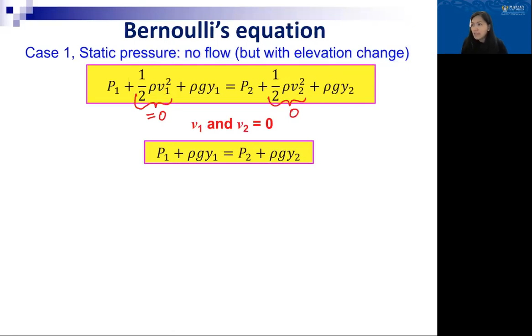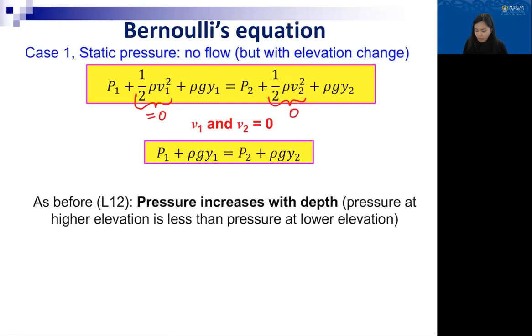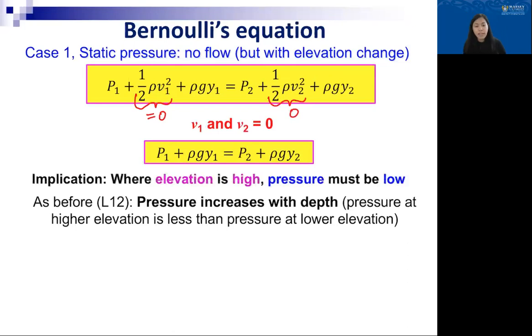This is the same as what we've seen in lecture 12, where the pressure increases with depth. The higher the elevation is, the lower the pressure. This form of the equation has an important implication: where elevation is high, pressure must be low.